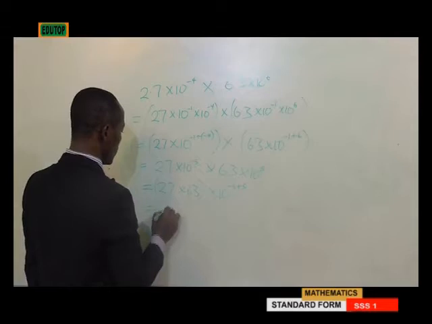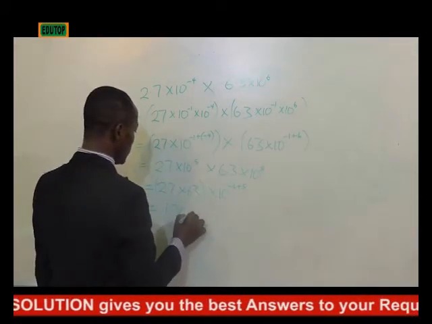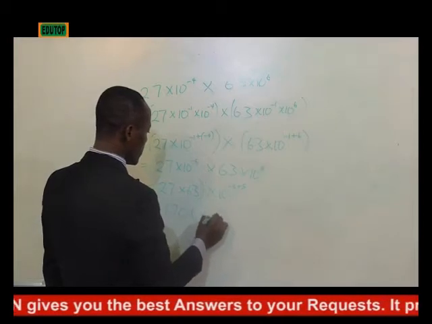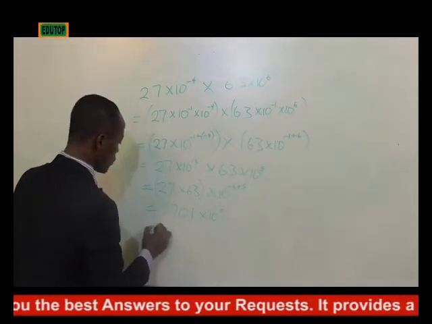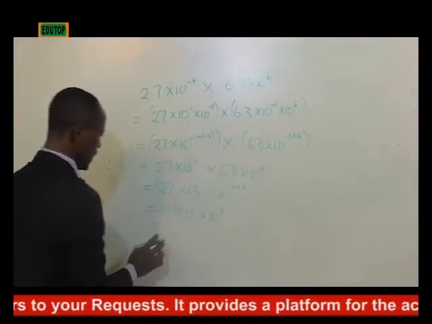This will now give us 1,701 times 10 raised to the power 0, which is equal to, now you can break this one further.